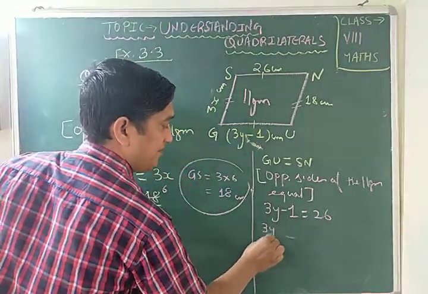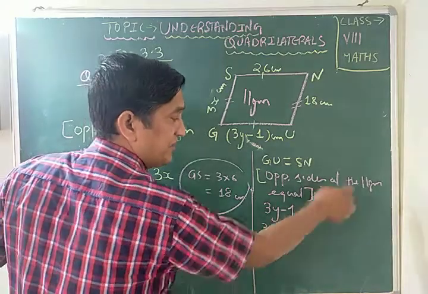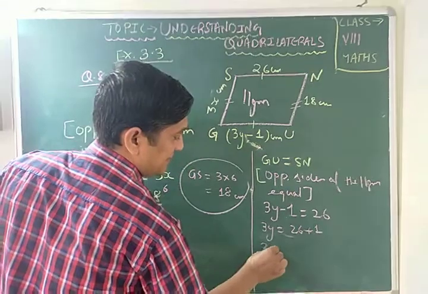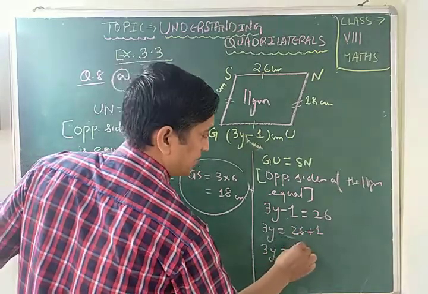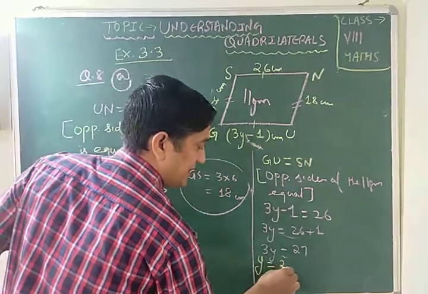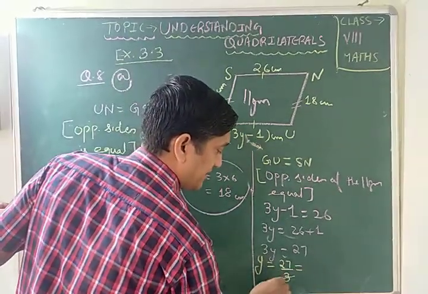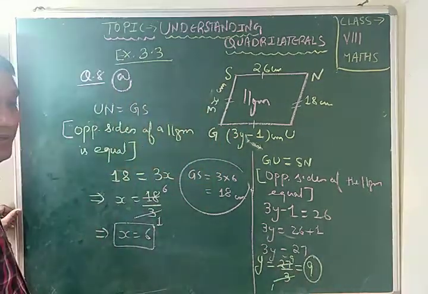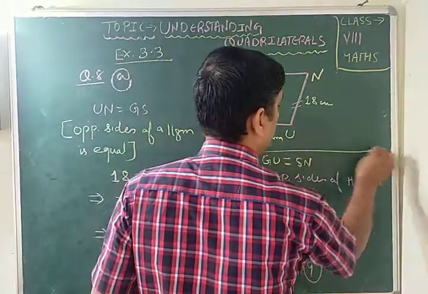So 3y, we will transpose this minus 1 towards the right hand side. 26 plus 1 becomes 27. So the value of y is equal to 27 upon 3. 3 ones are 3, 3 threes are 9. Y is 9.